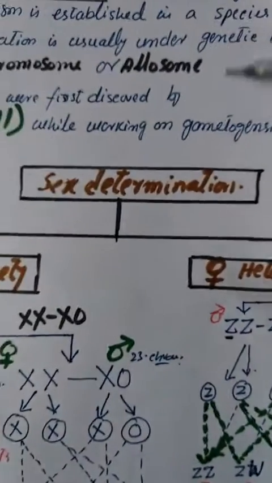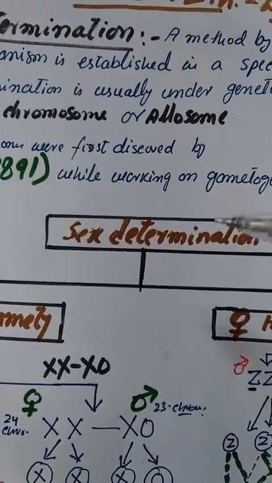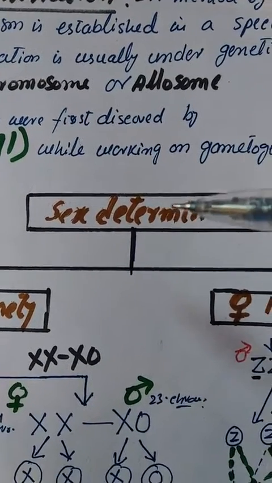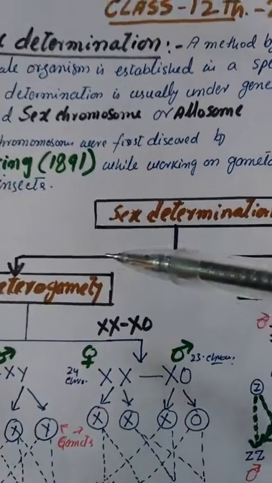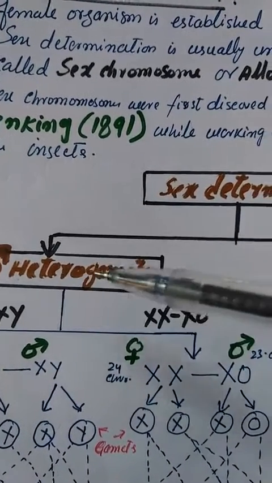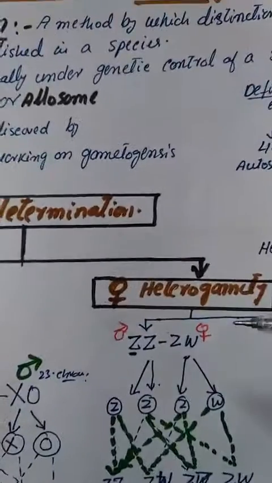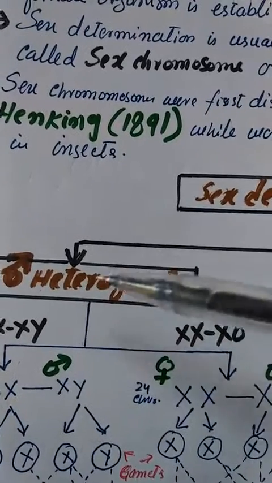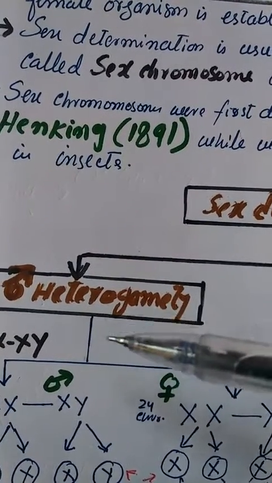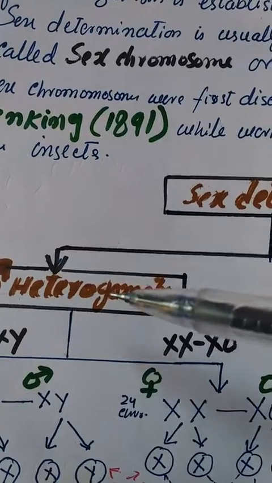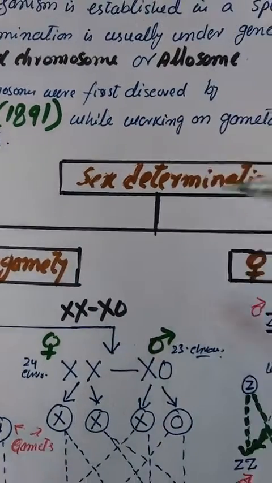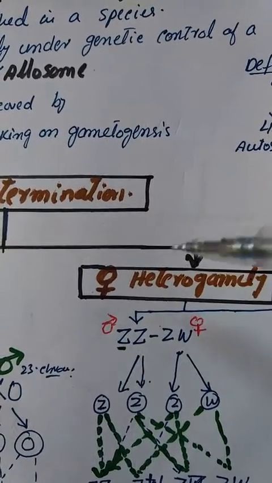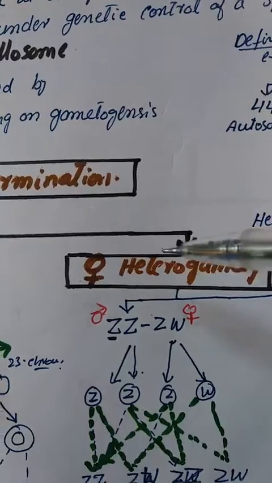Now, two important factors which determine the sex of the offspring depend upon the male heterogamety and female heterogamety, because sometimes only males are capable of producing heterogametes during gametogenesis, but in many organisms the females are also able to produce heterogametes during gametogenesis.